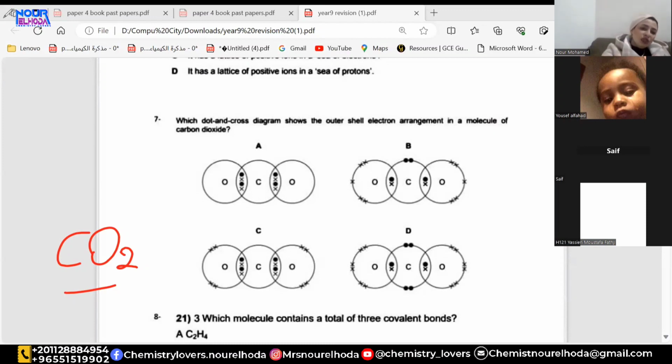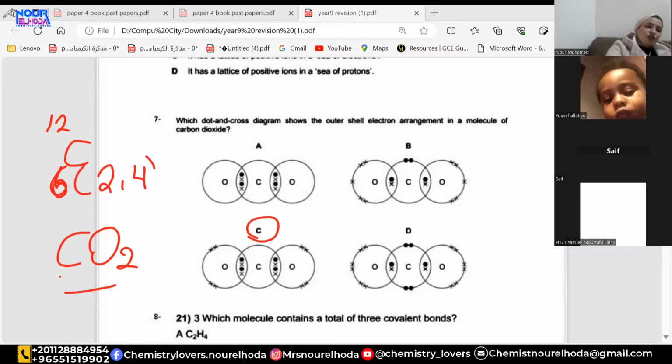So I'm going to choose C. Why am I going to choose C? Because the carbon, how do I know? Carbon is 6. As I told you, I need to choose the small number. I don't use the big number here. So the small number is 6. This means 2 and 4. Since it's 2 and 4, the outer shell has 4 electrons. So how many electrons more do I need to be stable?